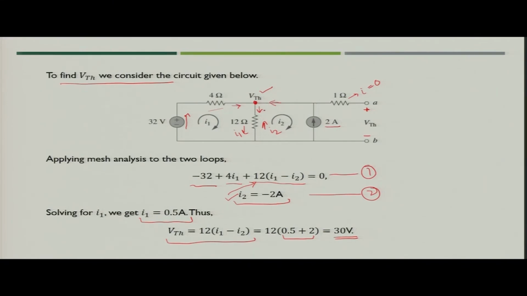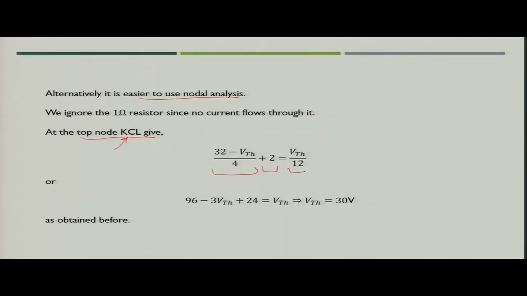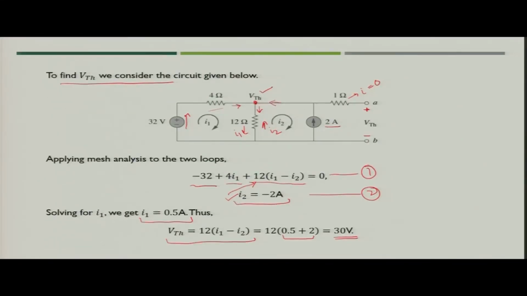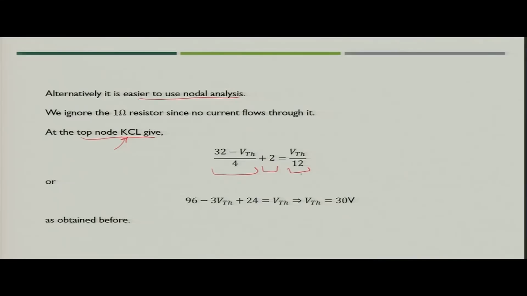So, finally, this would be equal to VTH by 12, because the voltage at this is VTH and the resistance connected between reference node and the node in question is 12 ohm. So, you will simply get this equation when you apply the nodal analysis.